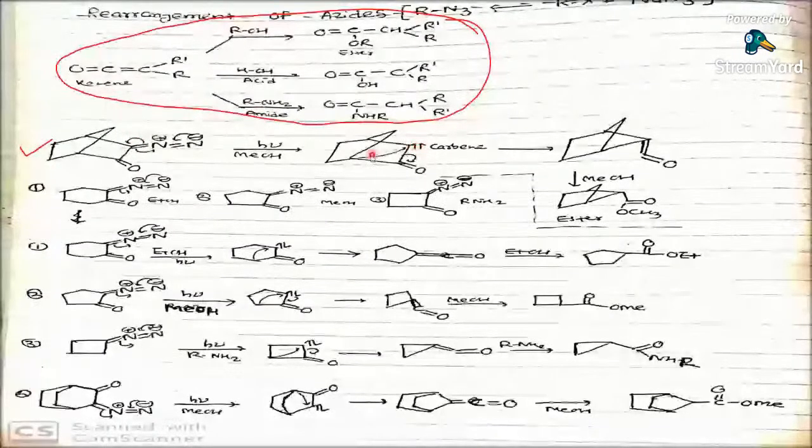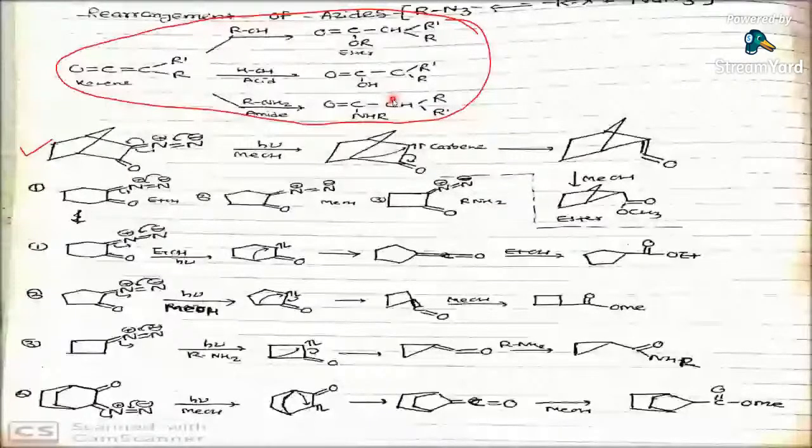Now this group will have the tendency to form the bond with this. So as a result, there will occur the bond formation at this position. So you can see the bond has been shifted in such a way that there had occurred the formation of carbene here.